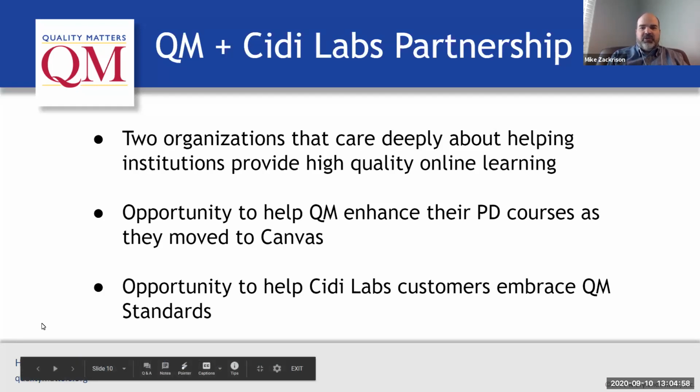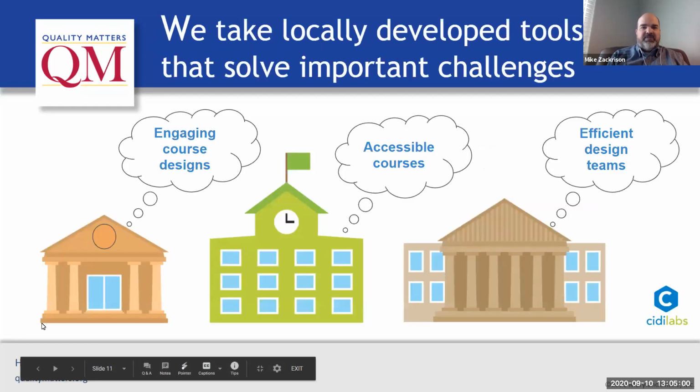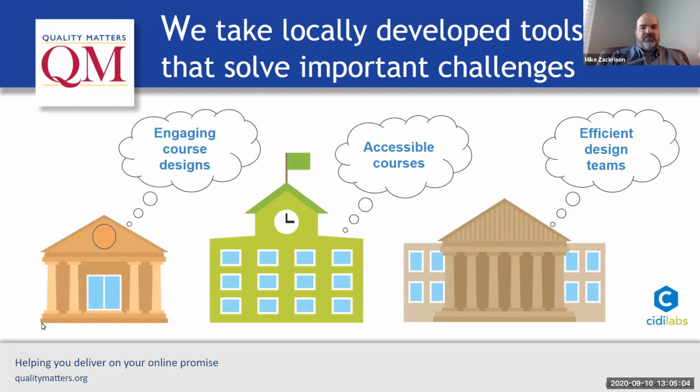So a little bit more about Cidi Labs. We have a little different business model. We actually take locally developed tools that solve important challenges. So that means these are tools developed by generally university partners in-house. They've created some sort of tool to solve a problem that they have around their Canvas implementation.